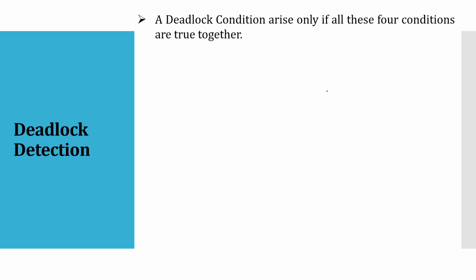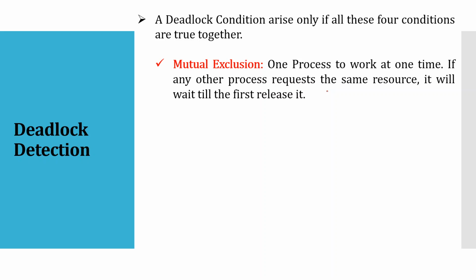Right? What is the first condition? Mutual exclusion. It means that only one process works at a time. If any other process requests the same resource, it will wait until the first releases it. That means one process is waiting for some other process to complete its task and release a particular resource.